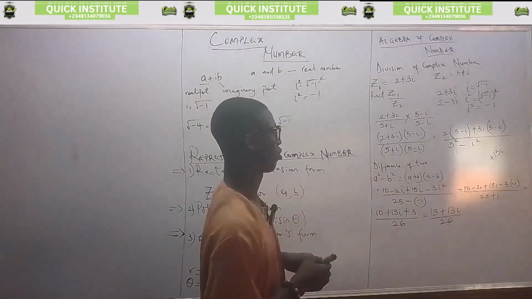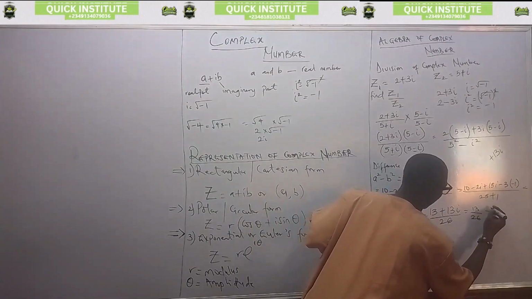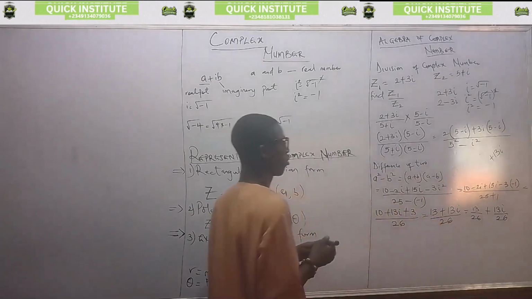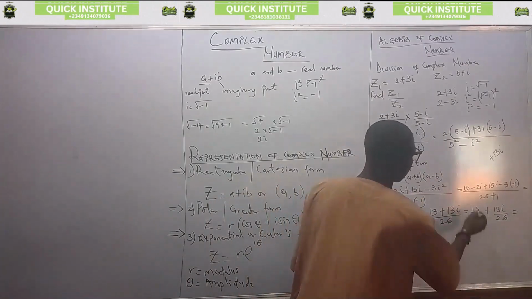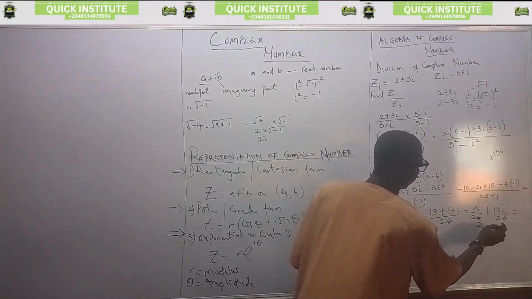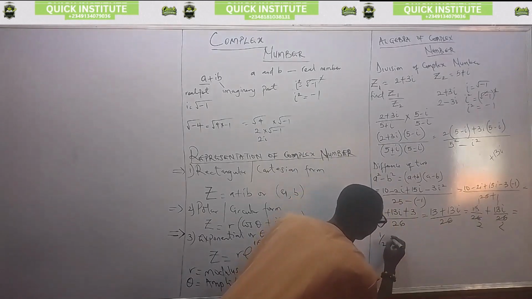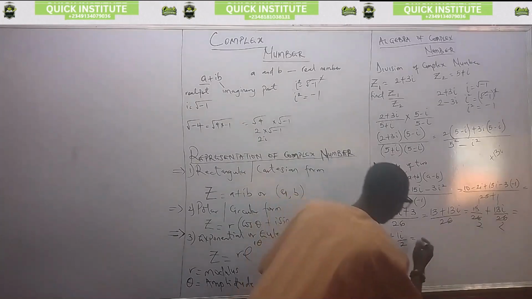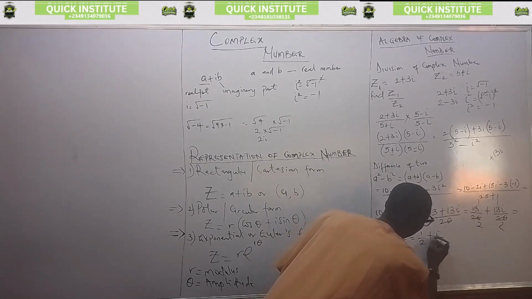Here you can split it into two: 13 over 26 plus 13i over 26. From here, 13 over 13 is 1, and 13 over 26 is 2, so we have 1 over 2 plus 1i over 2, which is 1 over 2 plus i over 2.